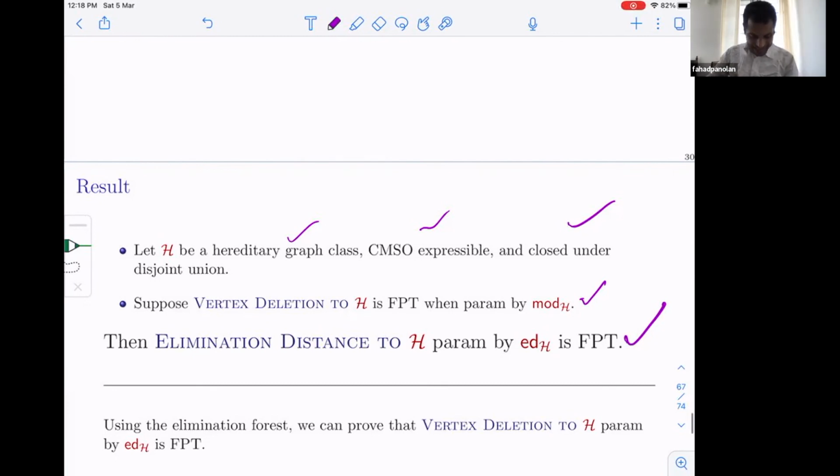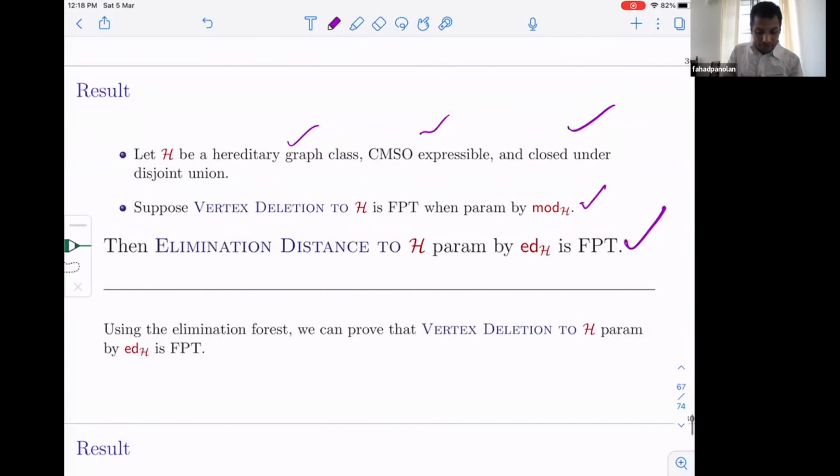Okay, and then we had the following question, right? Vertex deletion to H parameterized by elimination distance. Once we get an elimination forest, we can use that elimination forest to prove this theorem. So intuitively, you can think that on treewidth, if treewidth is bounded or a tree decomposition is given and your problem is CMSO expressible, then you will be able to get a good algorithm.